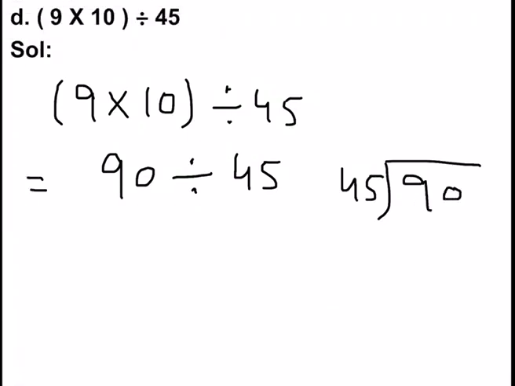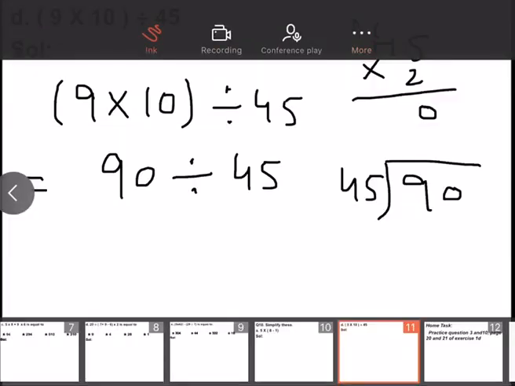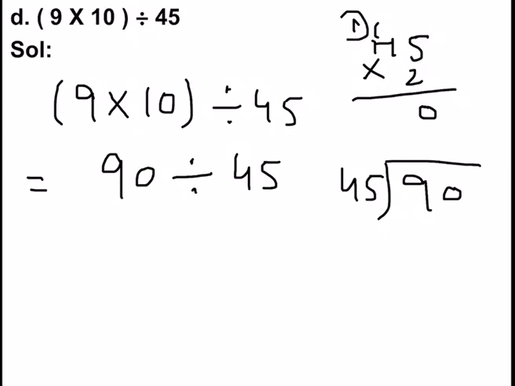45 1s are 45. 45 multiplied by 2. First we will check. 2 1s are 2, 2 2s are 4, 2 3s are 6, 2 4s are 8, 2 5s are 10, 1 carry. 8 plus 1, 9.